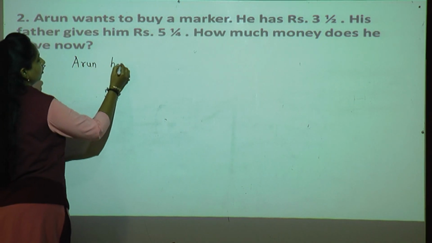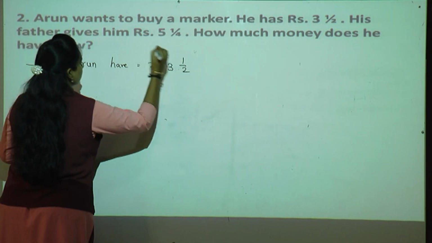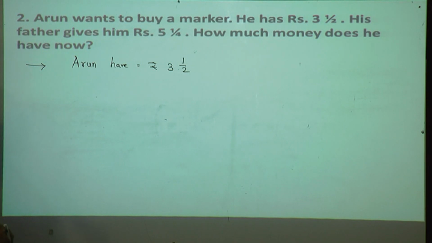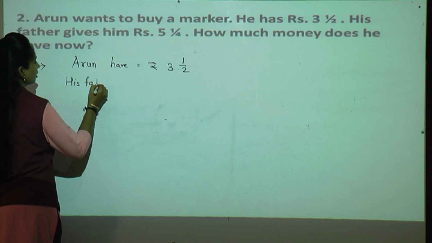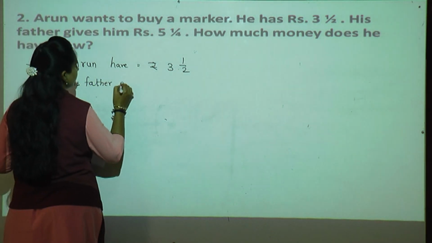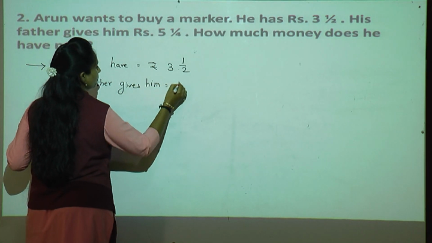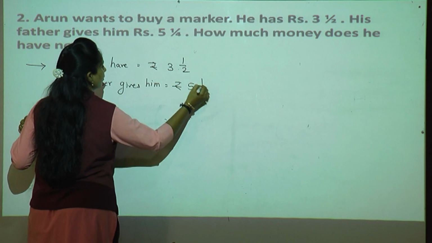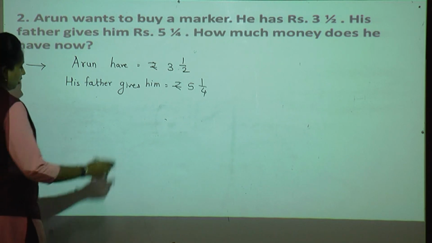Arun have rupees 3.5 and his father gives him rupees 5 and 1/4.